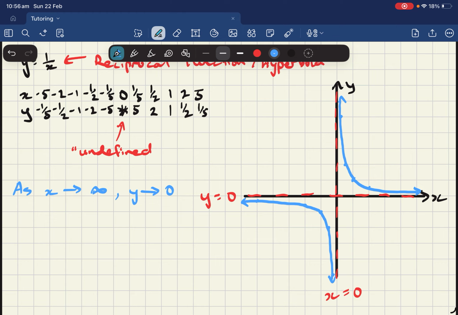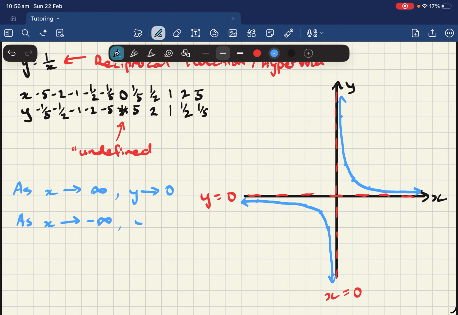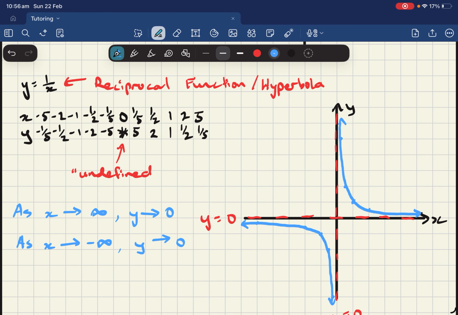That's what I'm drawing with this arrow. By this arrow, I just mean approaches. And also, as x approaches negative infinity, so as x gets smaller and smaller and smaller, the y will approach 0 also.